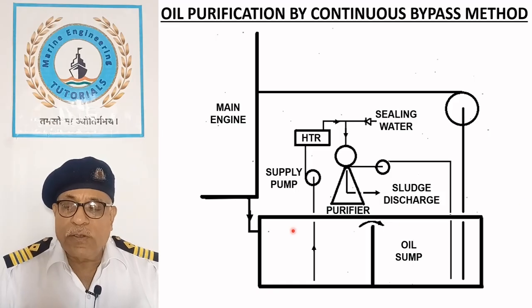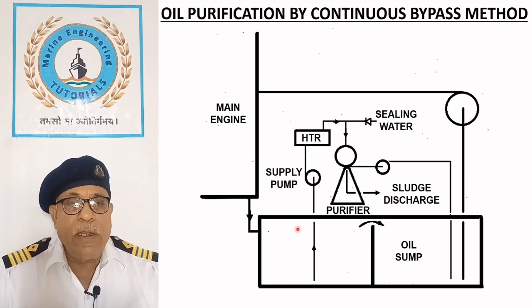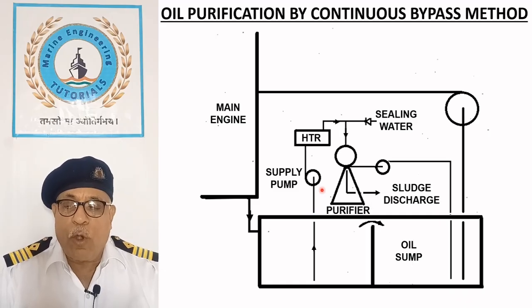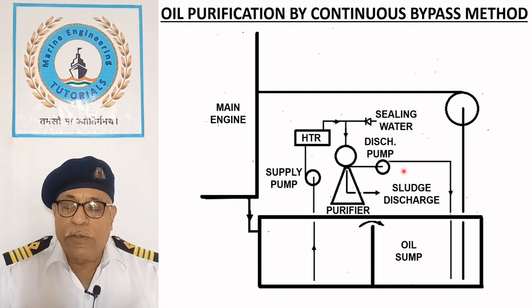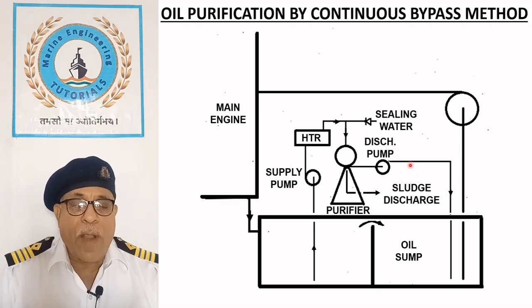The oil in the first compartment is relatively dirty, from where the purifier supply pump draws oil and delivers it to the purifier through a heater. The purified oil is discharged into the second compartment.